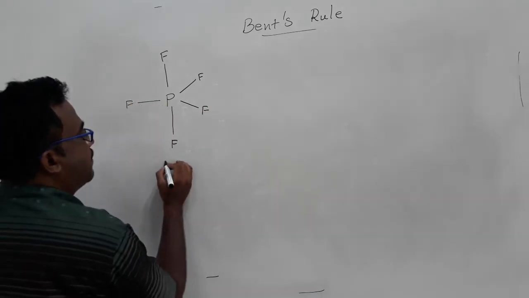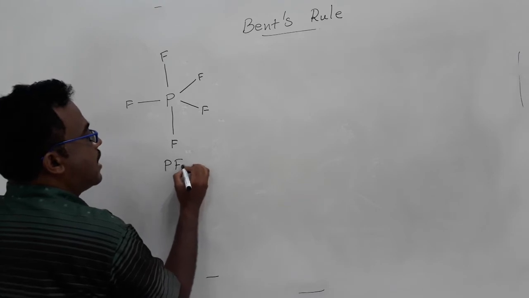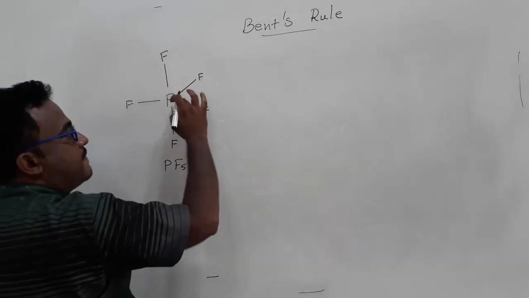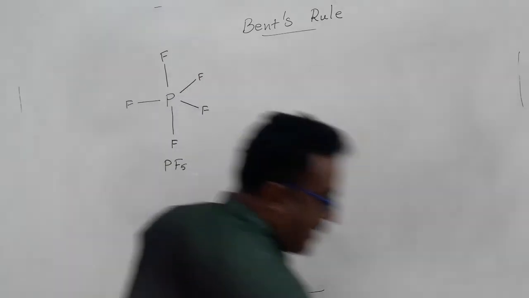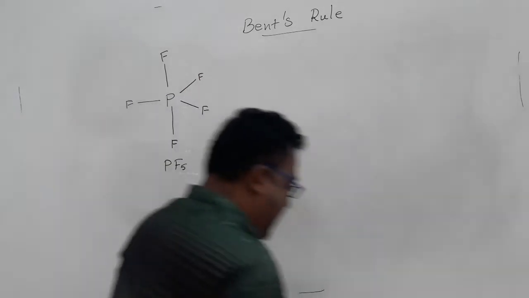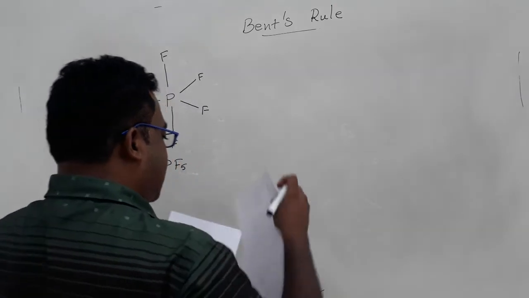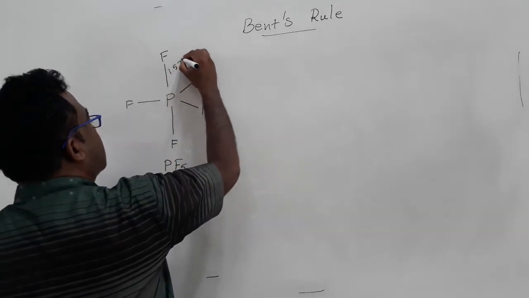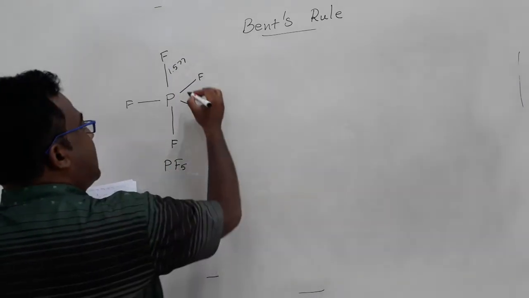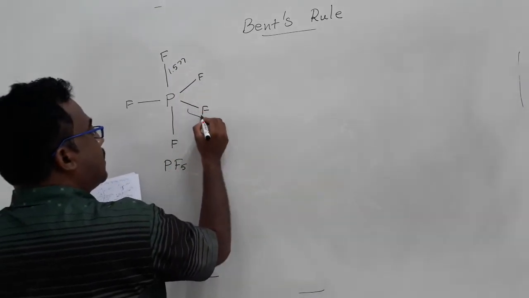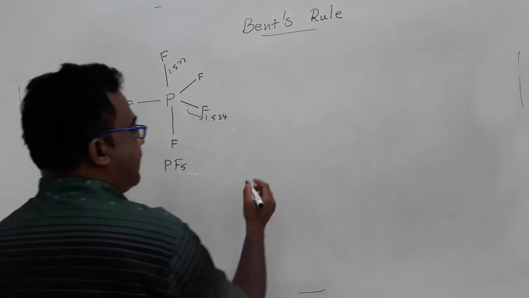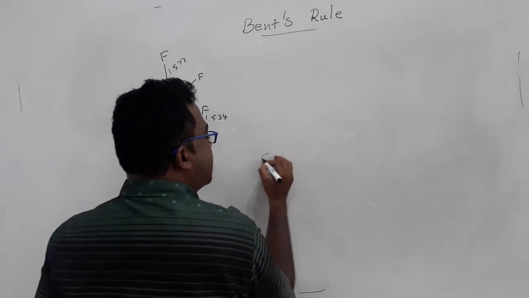So, simple molecule, phosphorus pentafluoride. It has two different bond lengths. One is axial PF and another one is equatorial PF. Axial PF has bond length 1.577 and equatorial one 1.534.